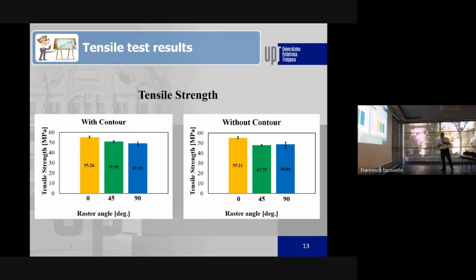For the other orientations, we have a decrease of around, let's say, 10% for plus minus 45, so we get lower values for the specimens without contour.